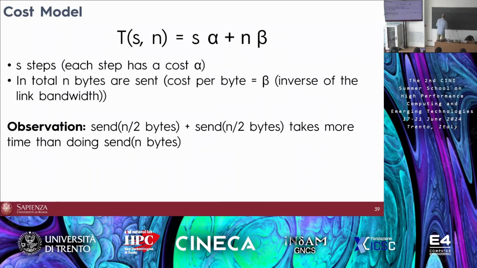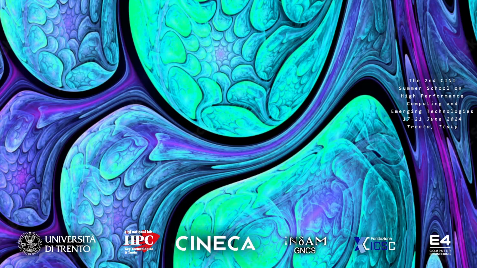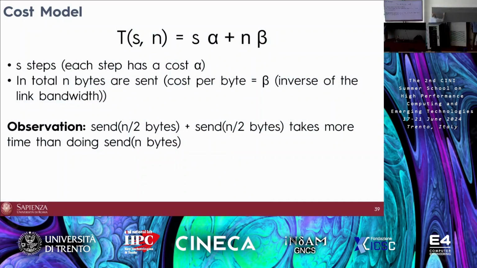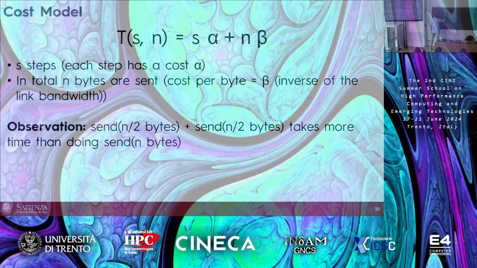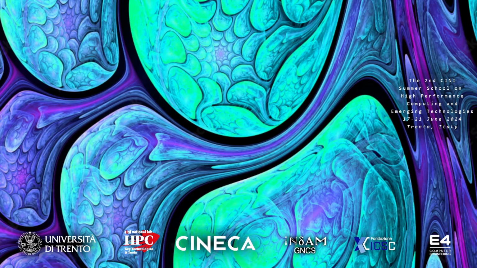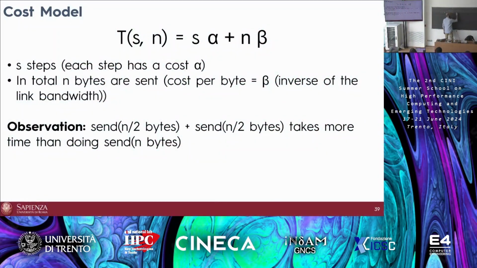In the first case, let's say S is equal to 1, it will be alpha plus n divided by 2 beta, plus alpha plus n divided by 2 beta. And this is just 2 alpha plus n beta. If you send all the n bytes at once, you just have alpha plus n beta.